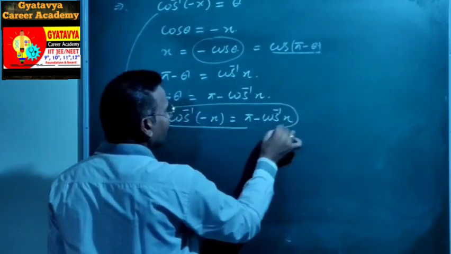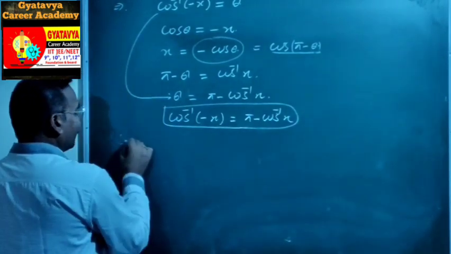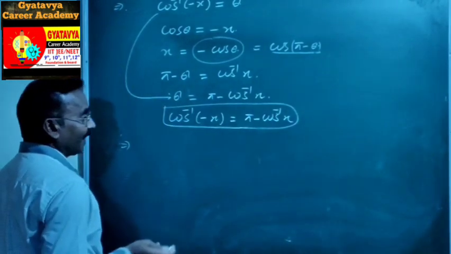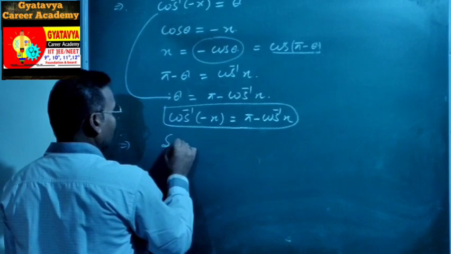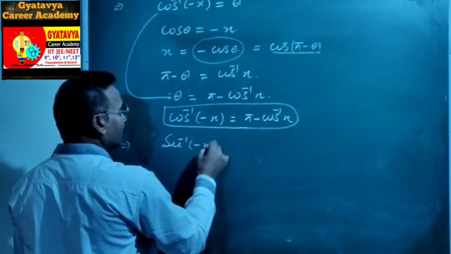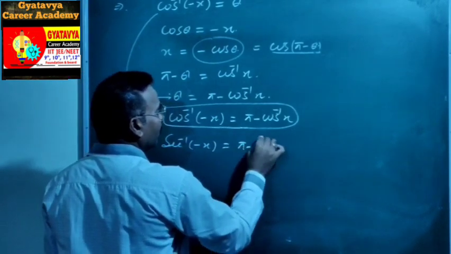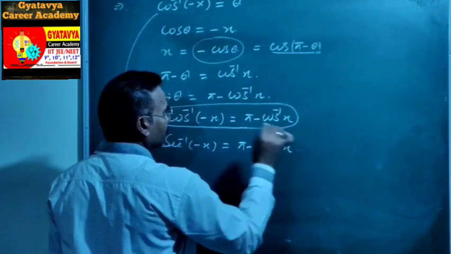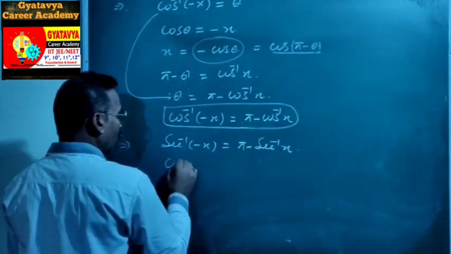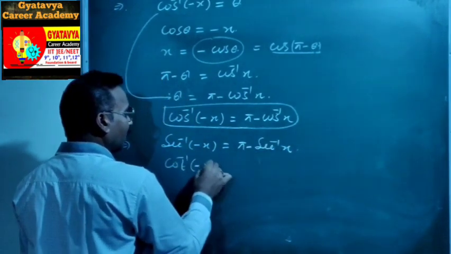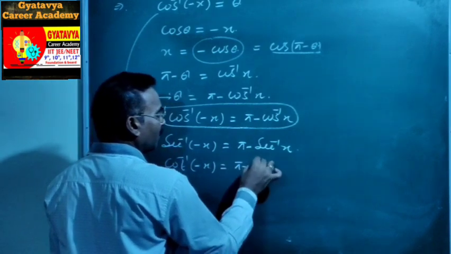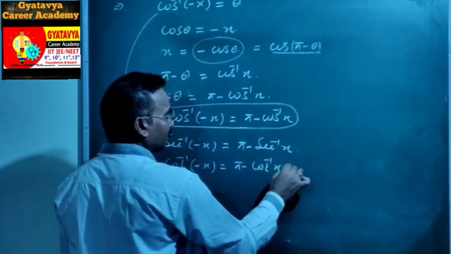The same changes exist in sec and cot. Sec inverse minus x is equal to pi minus sec inverse x. Okay, and cot inverse minus x is equal to pi minus cot inverse x.